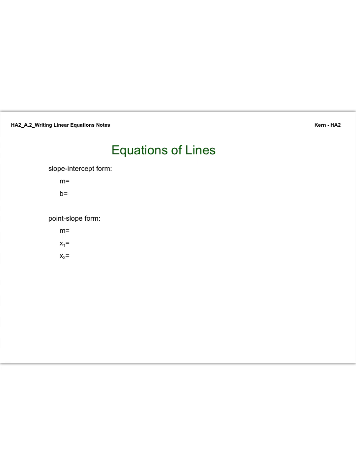Here are a couple formulas that you need to be familiar with. Slope-intercept form, you should know this one. Y equals mx plus b, where m represents the slope and b represents the y-intercept. And y-intercept means where the line crosses through the y-axis. So if you have a coordinate plane here and you have a line, the y-intercept is where the line crosses through the y-axis. And then you also have point slope form.